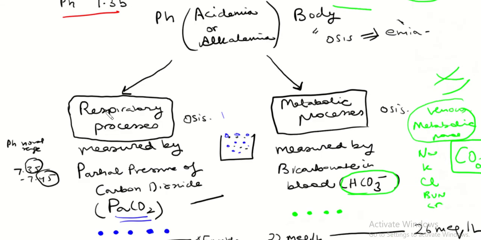So there are two kinds of processes, respiratory and metabolic. Within that, you have respiratory acidosis contributing to acidemia, respiratory alkalosis contributing to alkalemia. You have metabolic acidosis contributing to acidemia and metabolic alkalosis contributing to alkalemia, right?